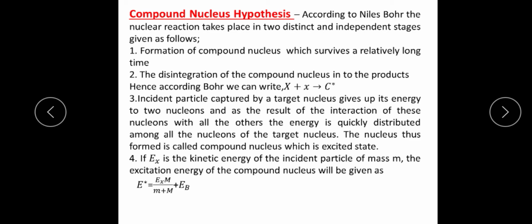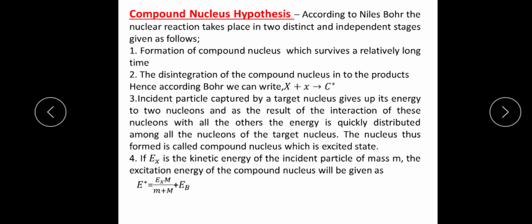Now, the next point is the compound nucleus hypothesis. According to Niels Bohr, the nuclear reaction takes place in two distinct and independent stages. Means Niels Bohr suggested that when a nuclear reaction takes place, there are two distinct stages for that nuclear reaction.